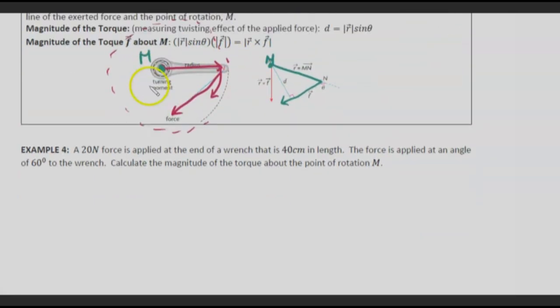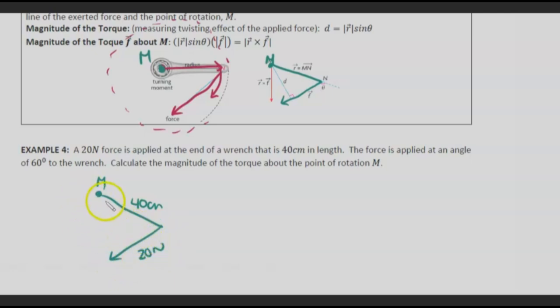Okay, so example 4, and we're going to come back to this. A 20 Newton force is applied at the end of a wrench that's 40 centimeters in length. So already I'm thinking, okay, so we have some rotation from M. This is going to be 40 centimeters. And then some force is applied to that. Let's call that 20 newtons.